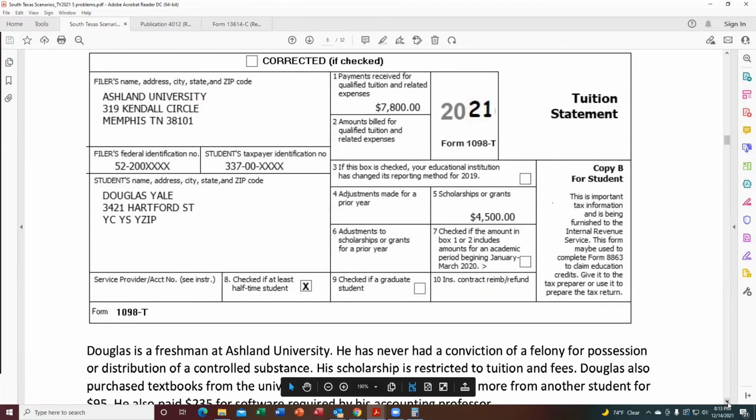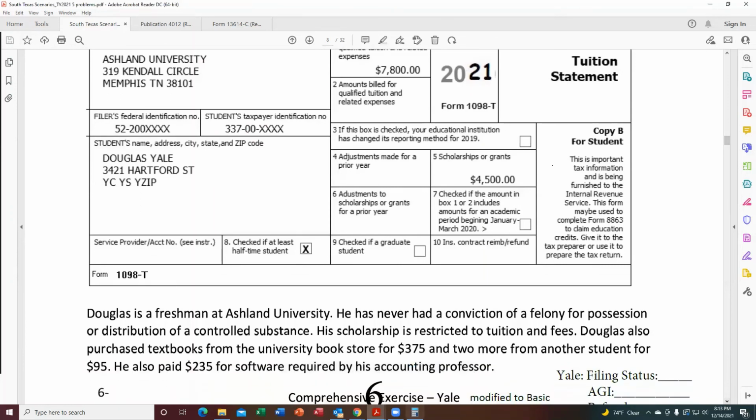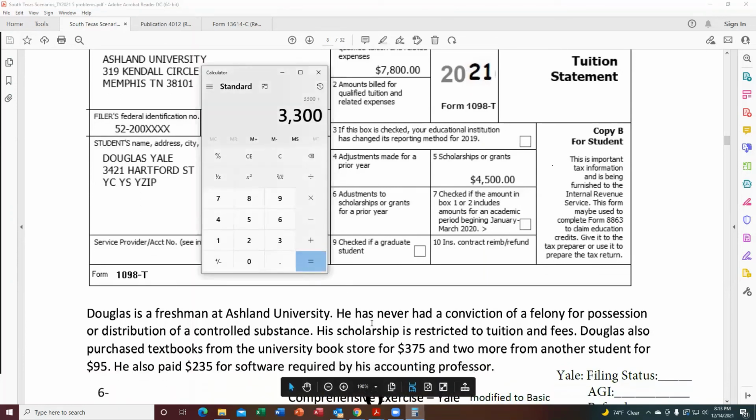And so they paid books, 2 more from another student, and the purchase of a software. And again, these are all educational expenses.